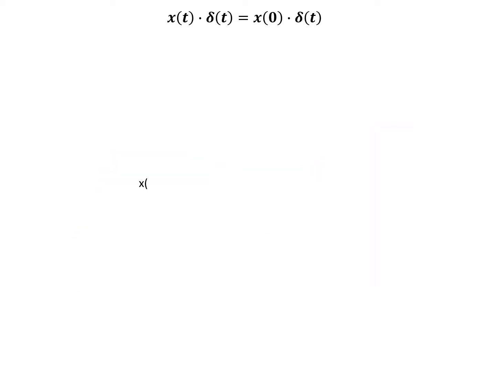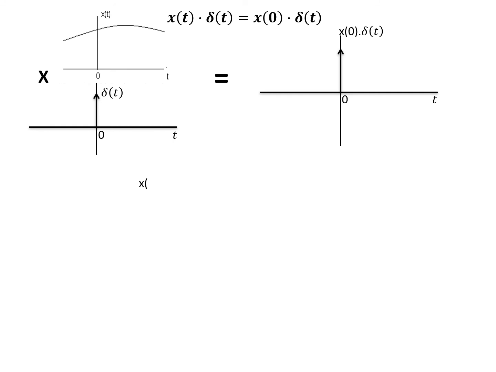This property I discussed in the previous slide: x of t into delta t is equal to x at 0 into delta t. See how I can visualize this. See this graph. Suppose x of t is an arbitrary signal, some pulse or some variation of a value in the interval of t, some random signal having no discontinuity at the origin.